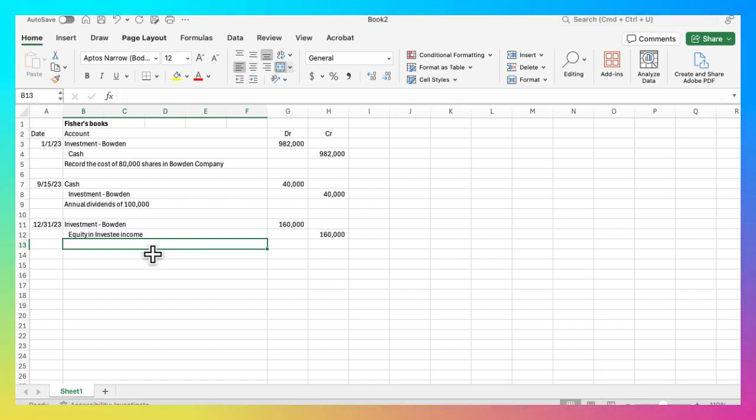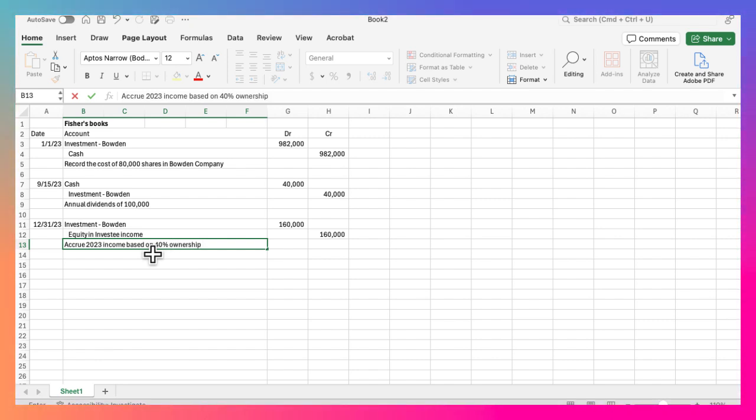Well, we need to accrue 2023 income based on 40% ownership of Bowdoin. Okay?